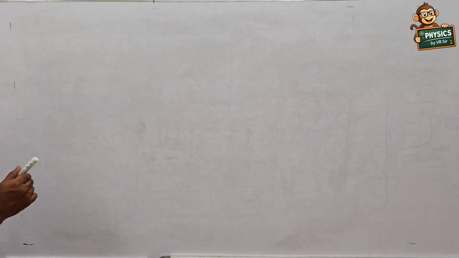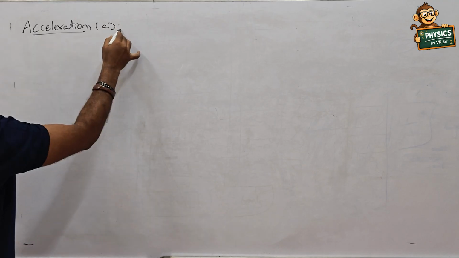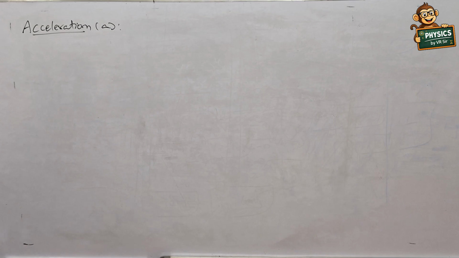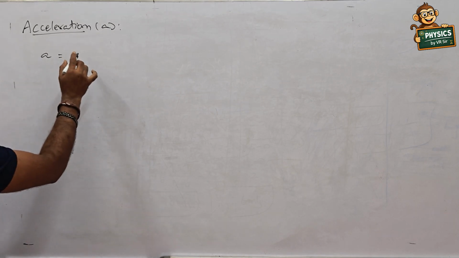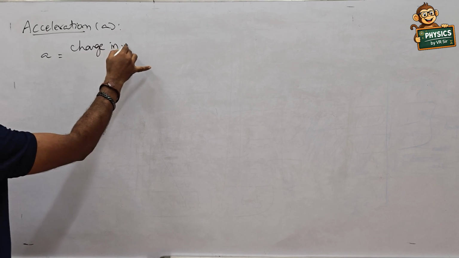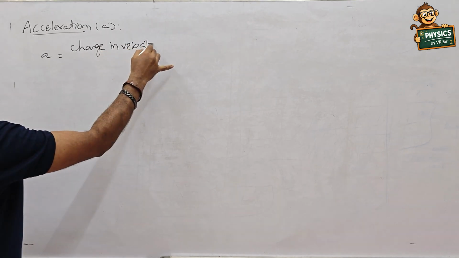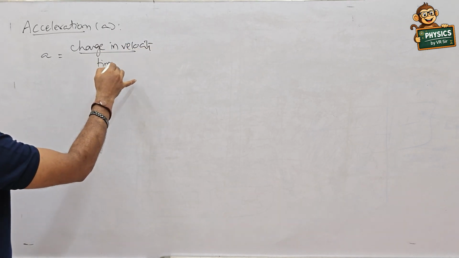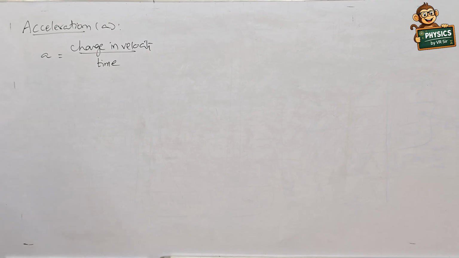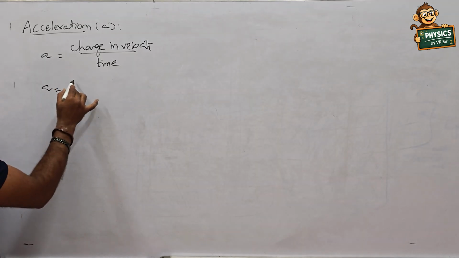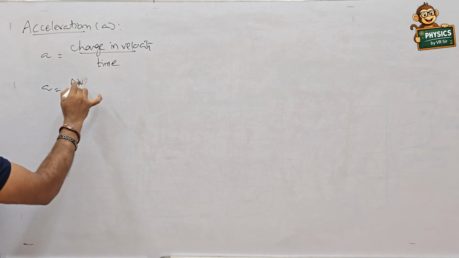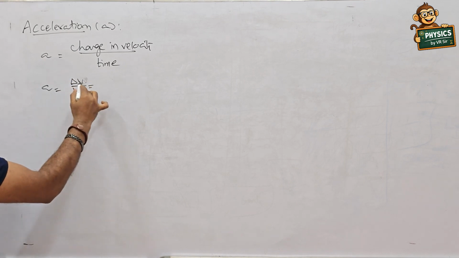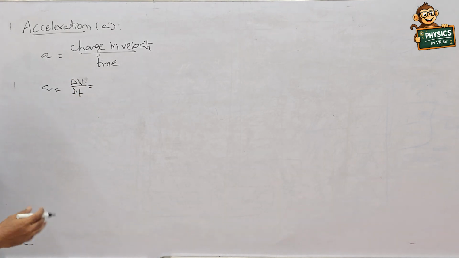Now let's talk about acceleration. It is represented with A. Of course, this is also a vector. Now, how do you define this? Acceleration is equivalent to the change in velocity upon the duration of time in which this change occurs. It is given as delta v upon delta t, change in velocity upon the time.